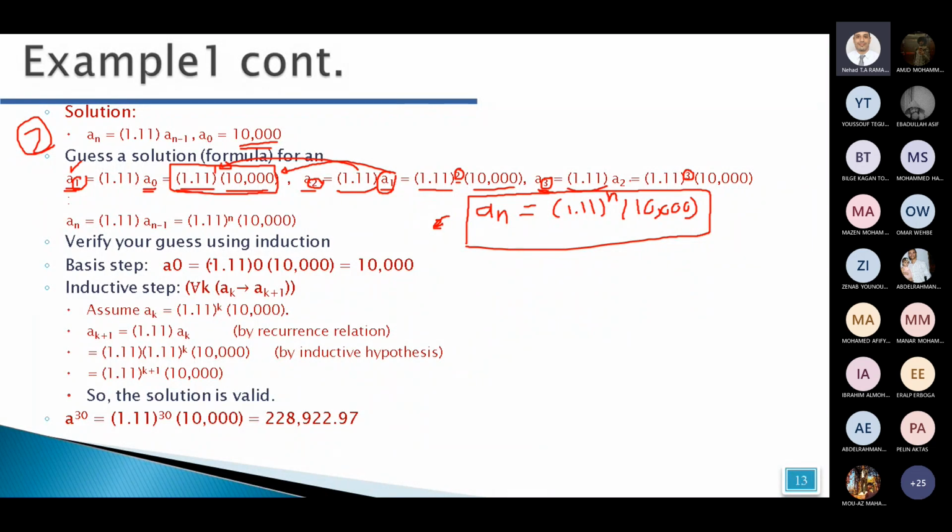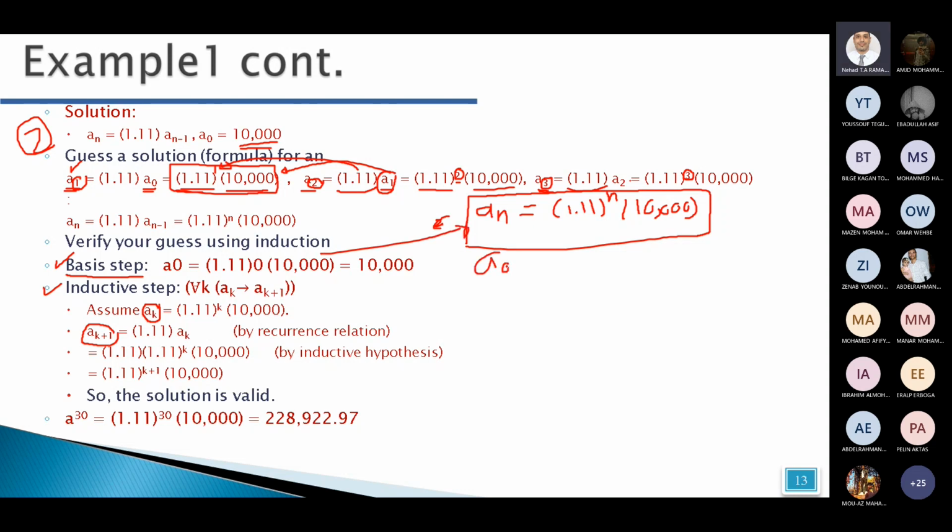In mathematical induction, we first verify the basic step, meaning the initial value. Then we check the inductive step, where we assume it's correct for Ak, then check it for Ak plus 1. For the basic step, apply A naught here.